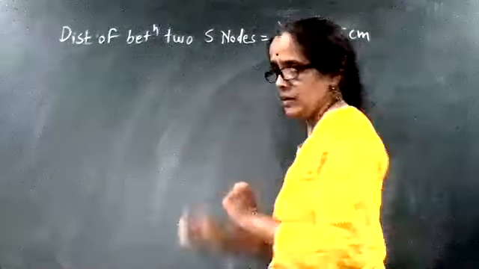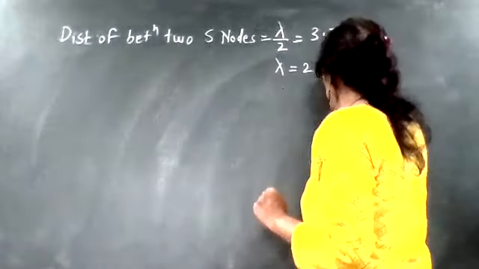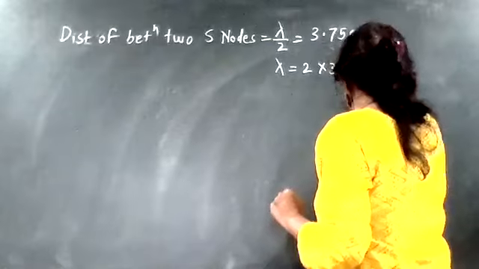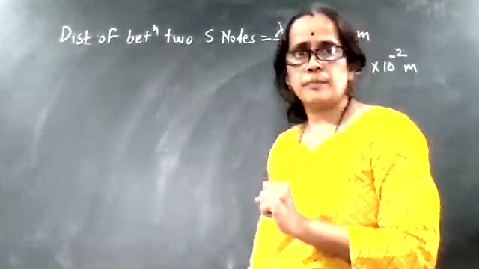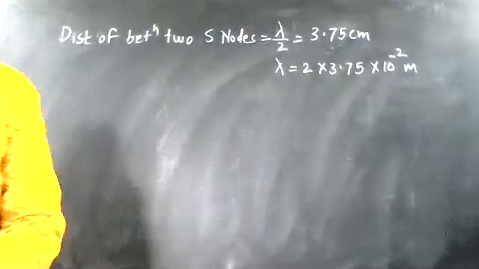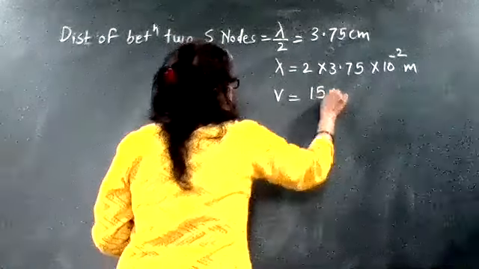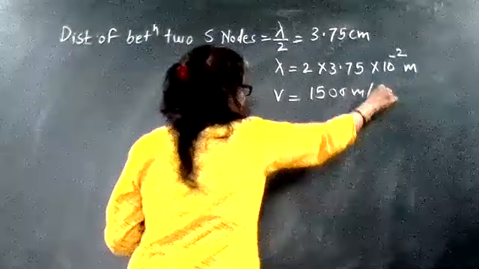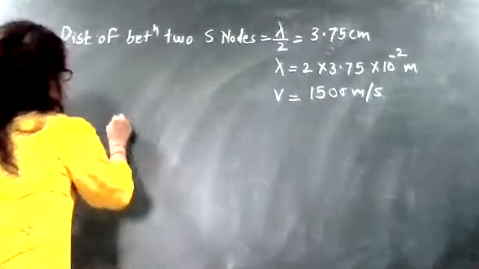So from that I can find out lambda. Lambda is 2 into 3.75 centimeter. I convert into meter, so 10 raised to minus 2. This much is the value of lambda. And you have given the velocity of sound, V is 1500 meter per second. And what you want to find out? I want to find out the frequency.